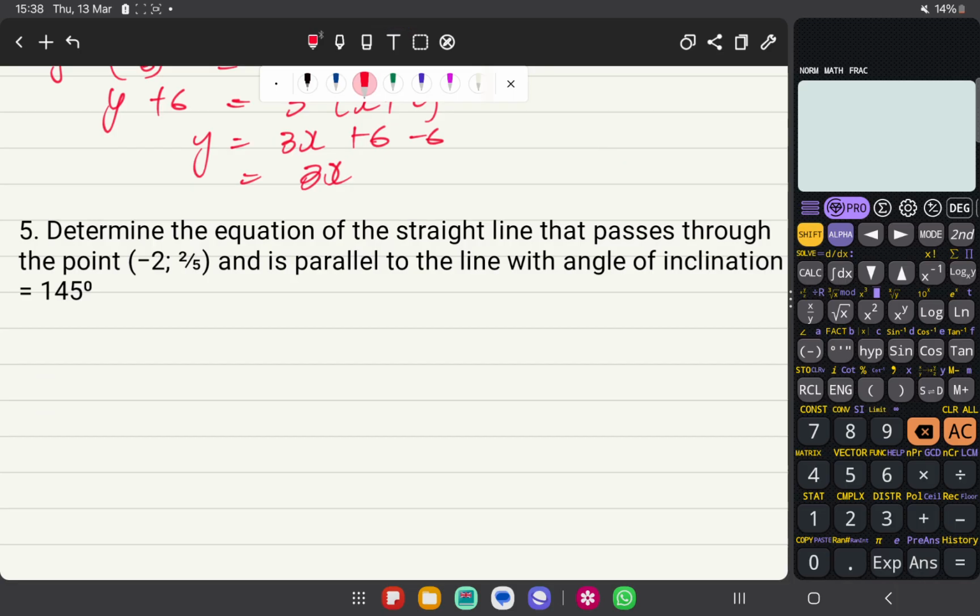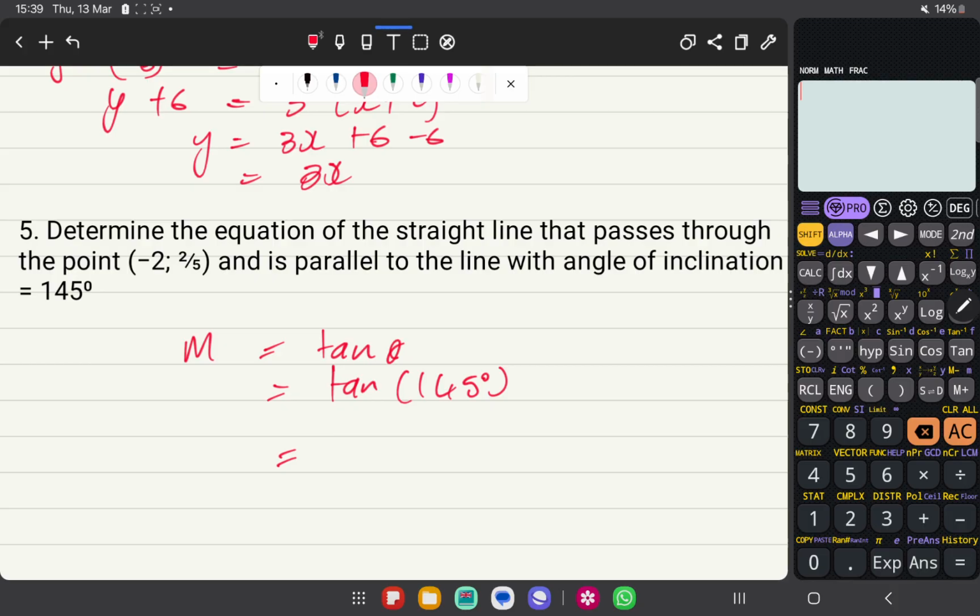Let's see this one. Determine the equation of a straight line that passes through this point and is parallel to the line with an angle of inclination of 145 degrees. So let's deal with the angle of inclination. m equals tan theta, and since theta is between 0 and 180, the 145 stays in that range, so we're just substituting the 145.